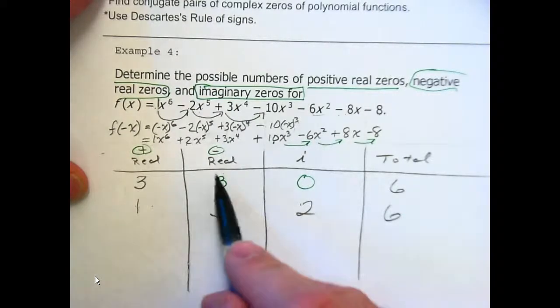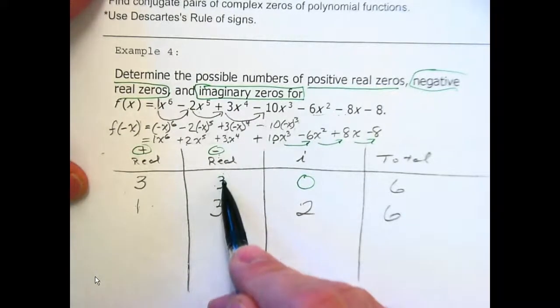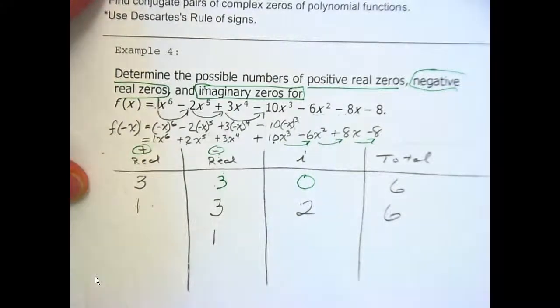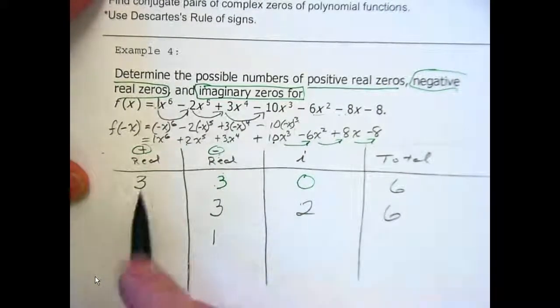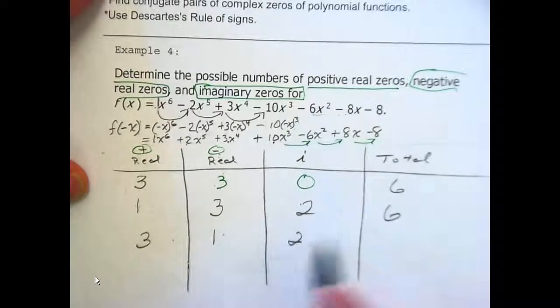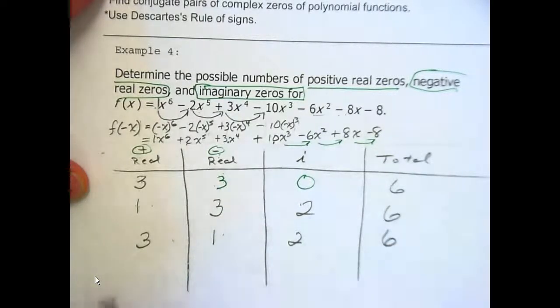The same thing applies here, though. I have 3 negative real solutions, but I could also have 1 negative real solution. So I have to list all my possible combos. I could have 3 positive real and 1 negative real, which means I have how many imaginary? 2. Go ahead and list your last.